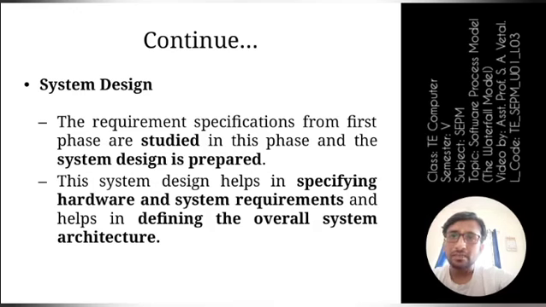In this phase, the document is used to prepare the system design, and this system design will help us to specify the hardware and system requirements that are required to develop that software. It also helps in defining the overall system architecture. Means by using the system design, we are going to define the overall system architecture for that software.